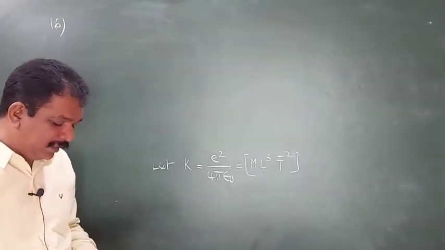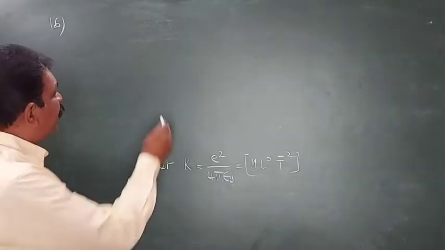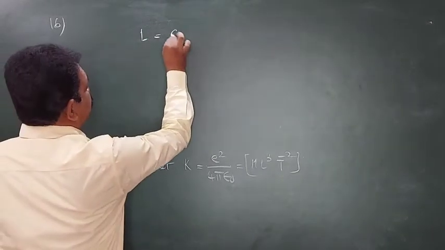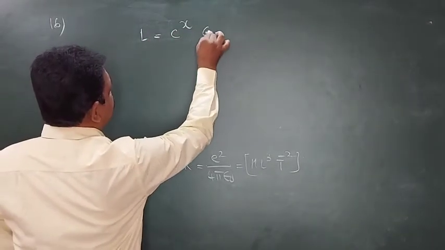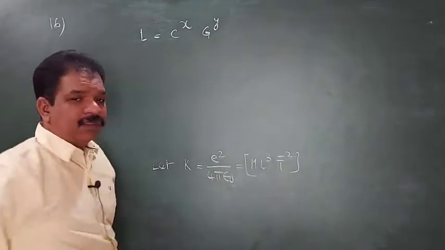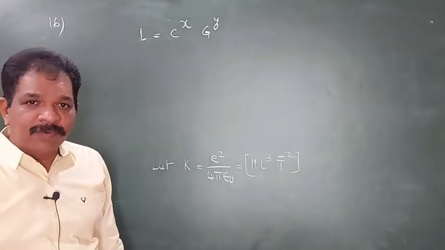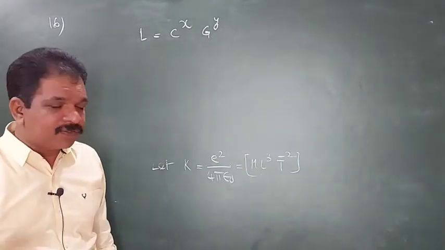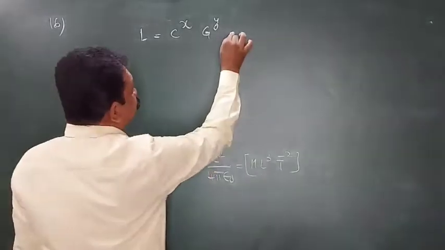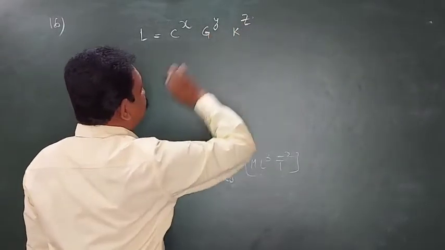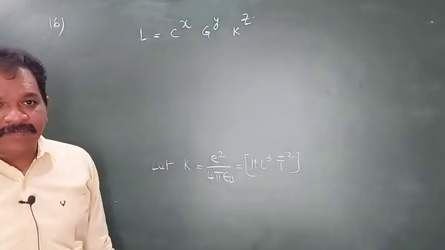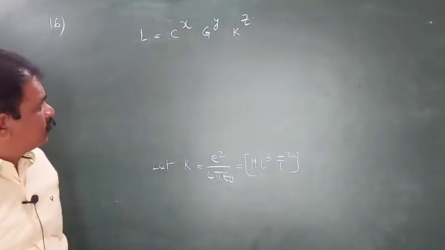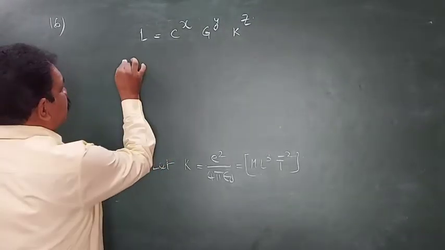Here, L is depending on all this. L is equal to C power X, G power Y, E square by 4 pi epsilon naught, which I assumed as K, so K power Z. Understanding? So, write the dimensional formulas on both sides.